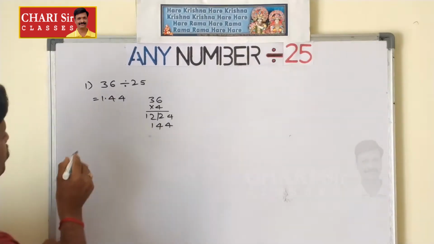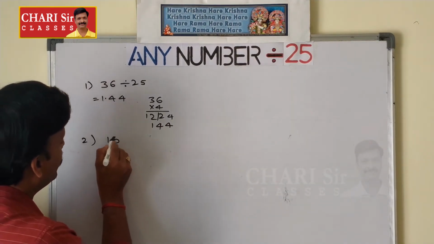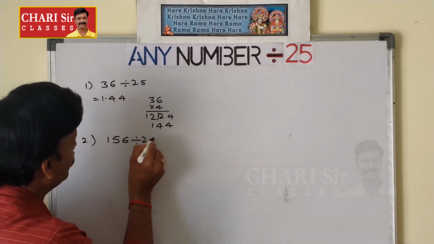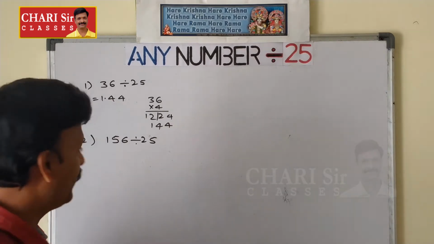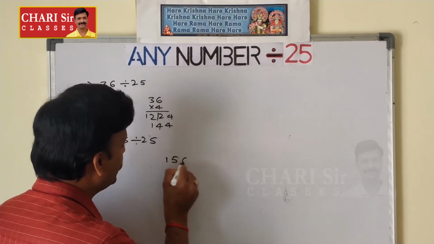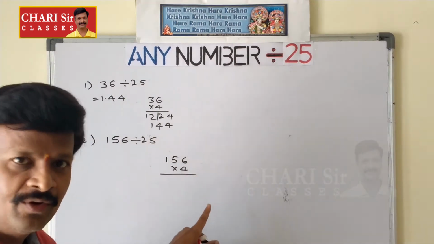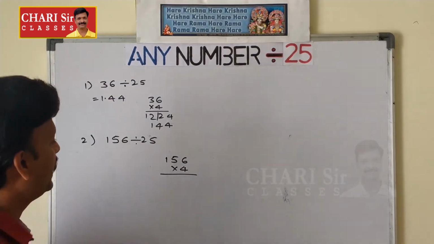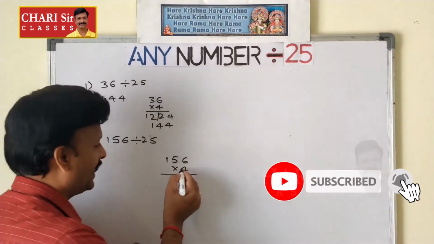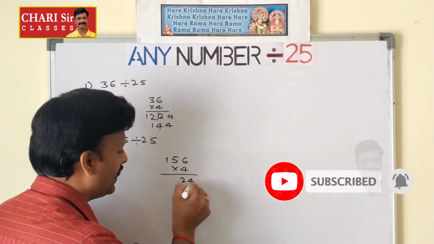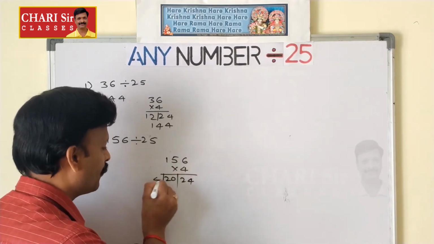Like this. Suppose you consider a 3-digit number, 156 divided by 25. When you divide 156 by 25, just take 156 into 4. Here, for multiplying by 4 we are also using the technique that you can multiply any number by a single digit. 4 6s are 24, write down here, put the partition. 4 5s are 20 and put the partition. 4 1s are 4.